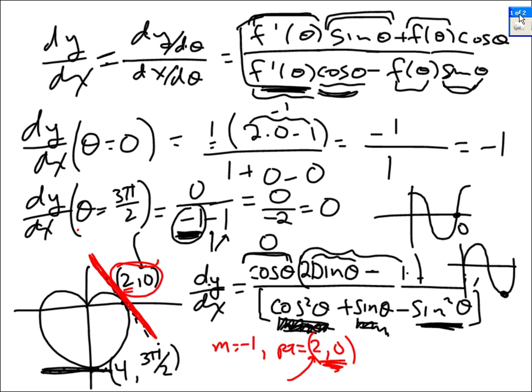Now, suppose you want to find the horizontal and the vertical tangency of a polar curve. Suppose you come to know that r is equal to 1 plus sine of theta. In fact, let's see if I still have that rule. Good.